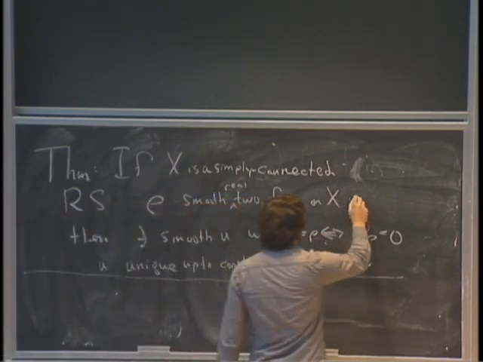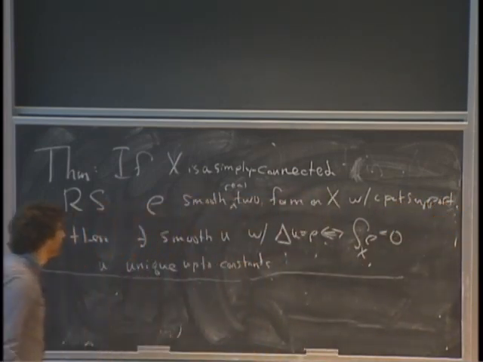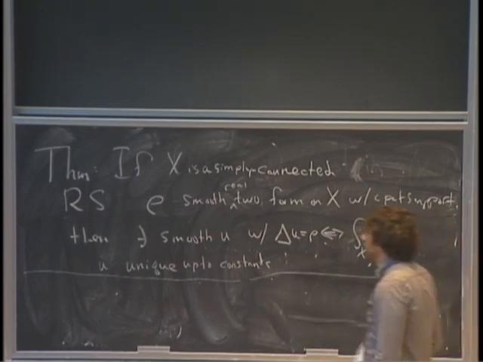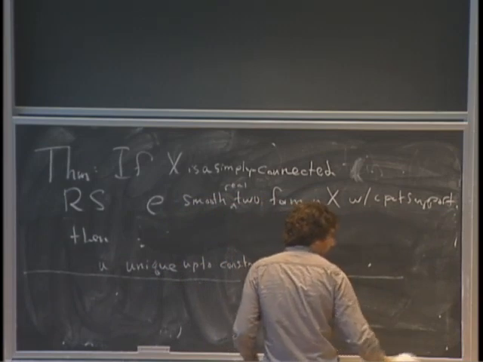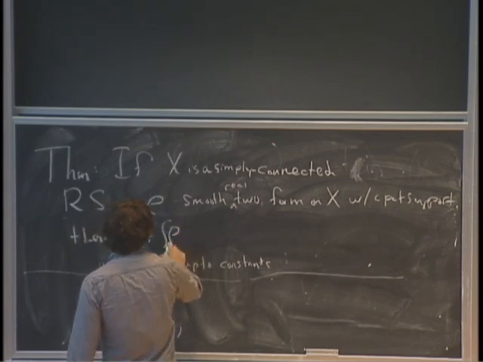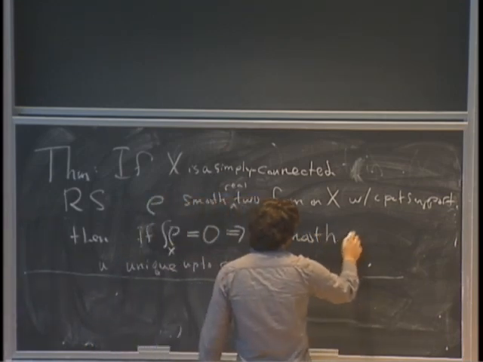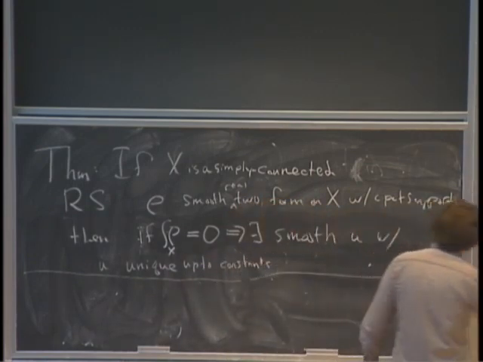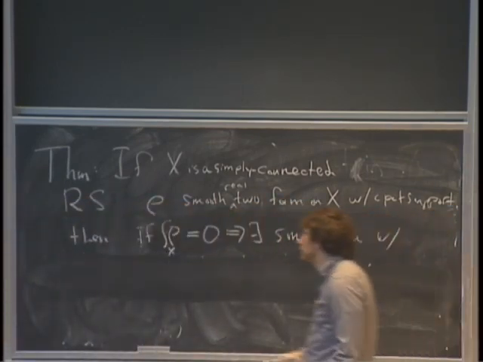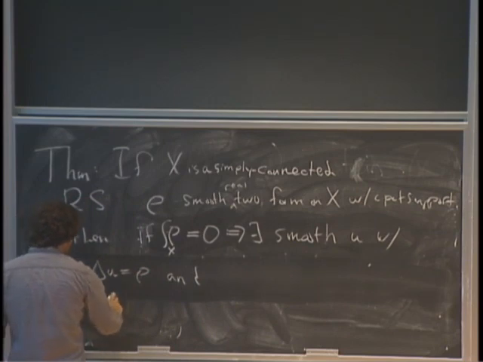If rho is a smooth two-form on X with compact support, and the integral of rho over X is equal to 0, then this implies there exists a smooth U with Laplacian U equal to rho and U vanishing at infinity.